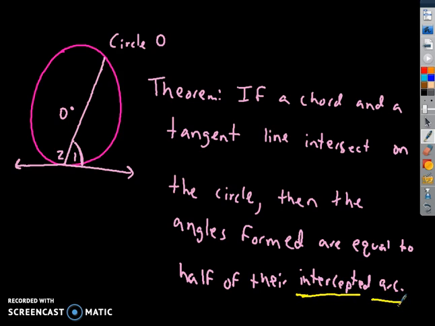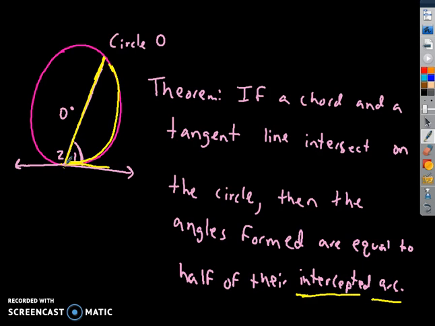What I mean by intercepted arc is that this is one side of the angle, this is the other side of the angle. The arc intercepted would be from here to that point of tangency. So that's its intercepted arc. The arc that goes along with angle 2, we'll start from here and come down to this point of tangency. So those are the intercepted arcs, the arcs formed by those angles. So that's a theorem. I'll get that down.